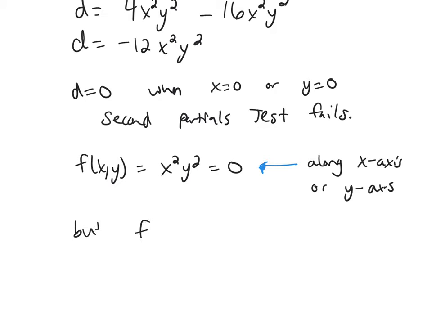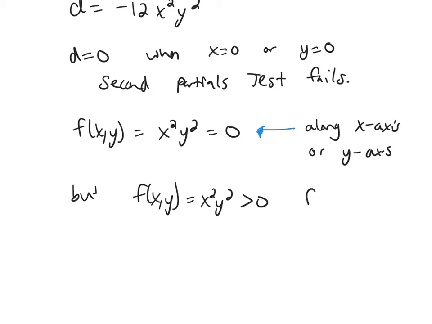But otherwise this function will be positive for all other points. And so what this is telling me is that my critical points correspond to minimums. The minimum value of my function is 0. Otherwise, it spits out something bigger than 0.